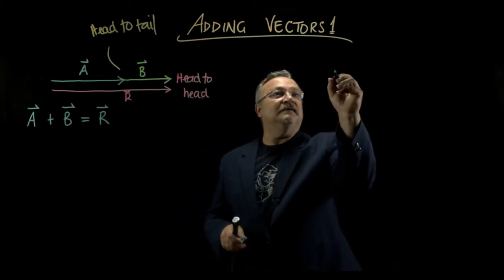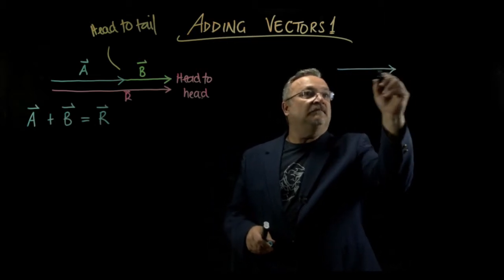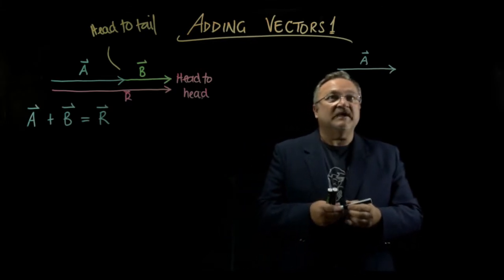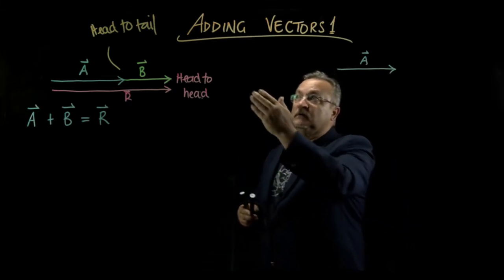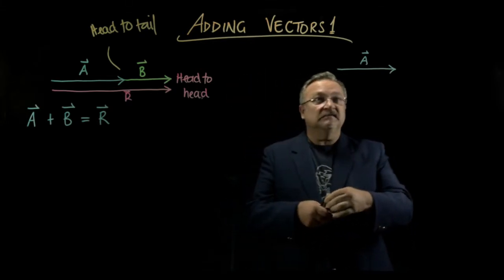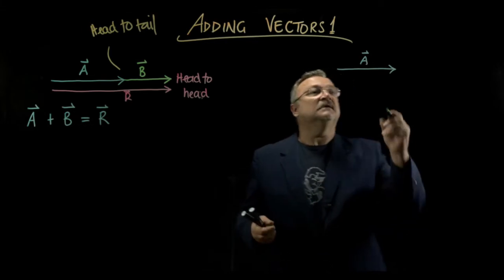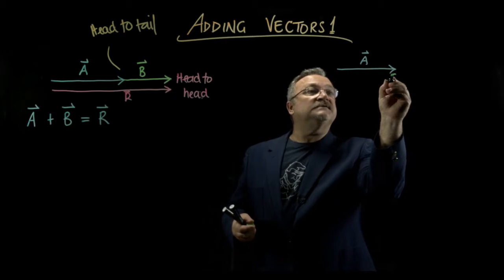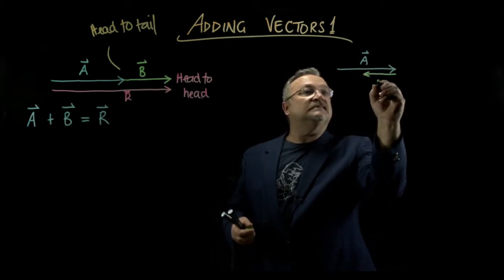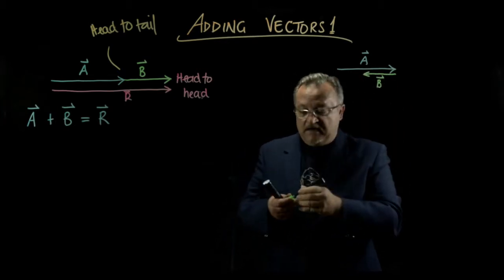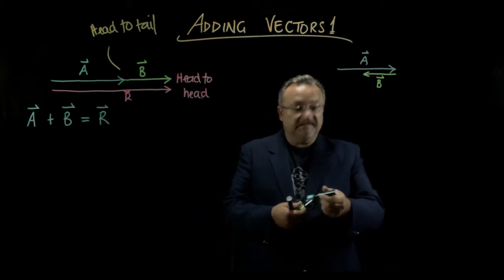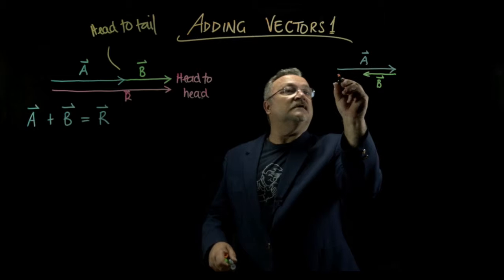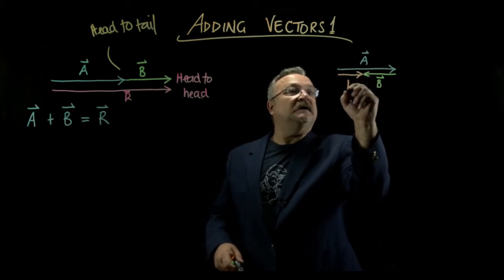If we again draw a vector, and we call that vector A, and we add to that, using our head to tail principle, vector B, there is vector B. And again, the resultant, we finish off as head to head. So here is my resultant, R.